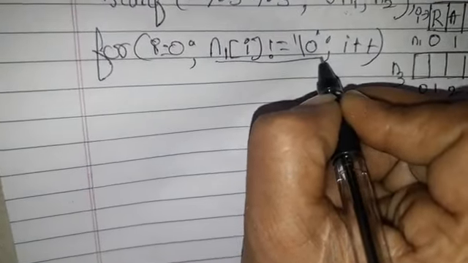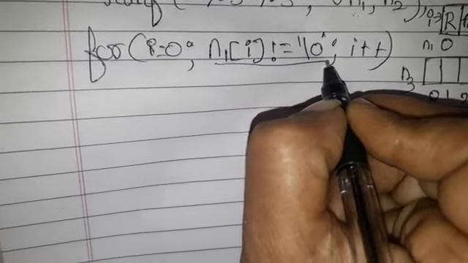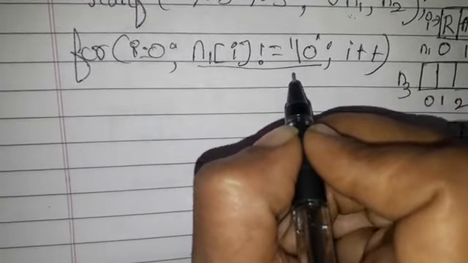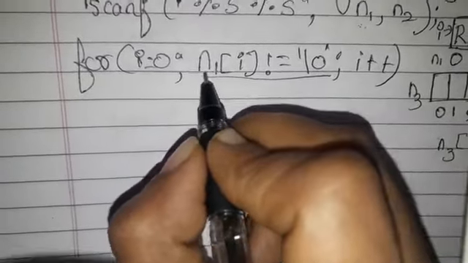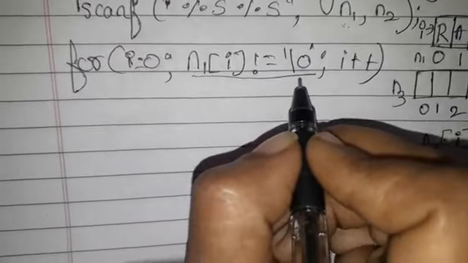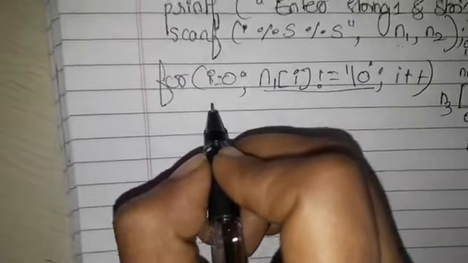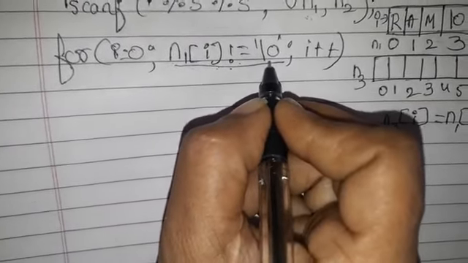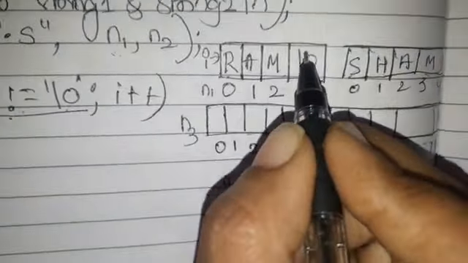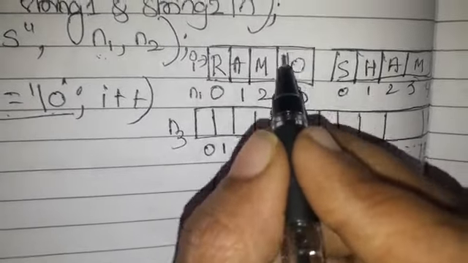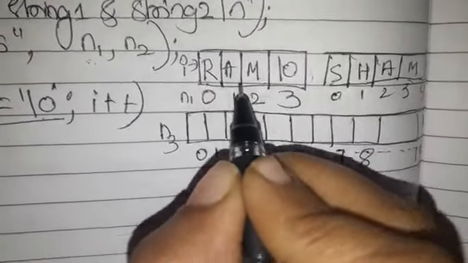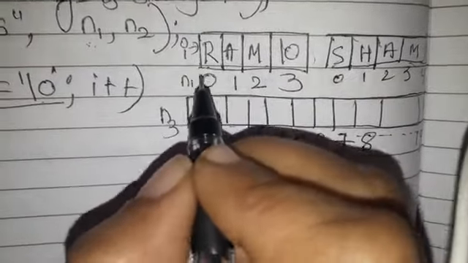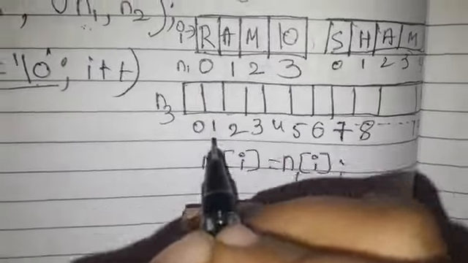How long do I want to get the contents of n1 to n3? Till n1 reaches the null character. In the sense, till n1 is not equal to the null character. That's why I have taken n1 of I is not equal to null. Till I reach this, I should go on extracting the characters of n1 to n3.